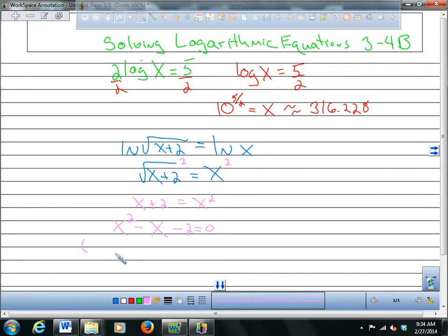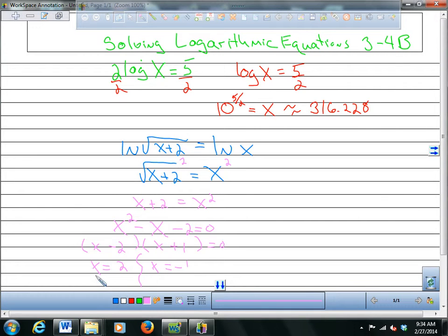And I'm going to factor that to x minus 2 and x plus 1 equals 0. So x equals 2 or x equals negative 1.